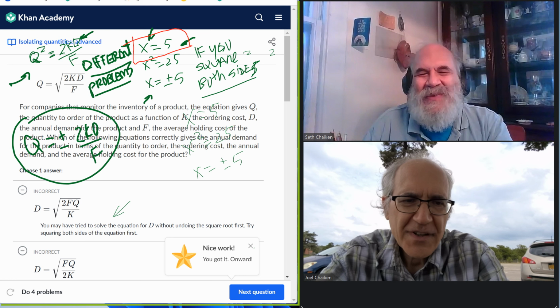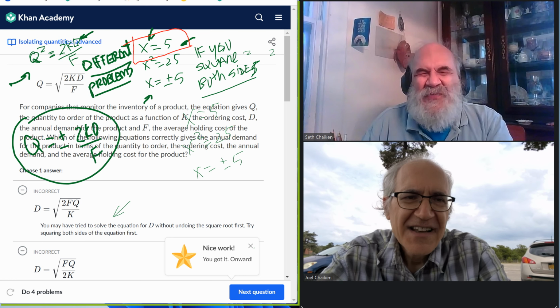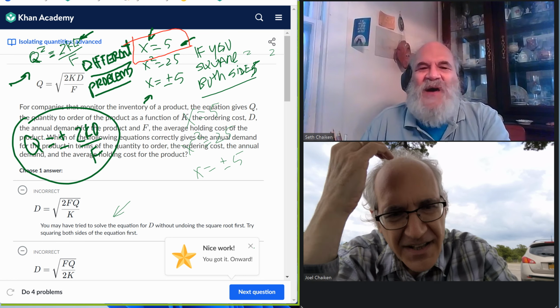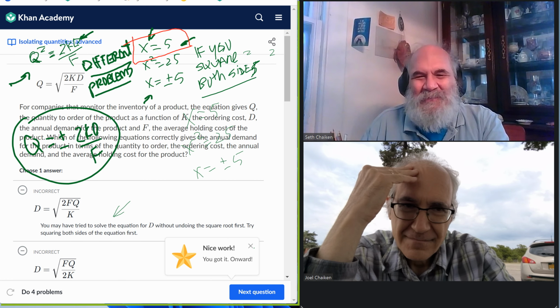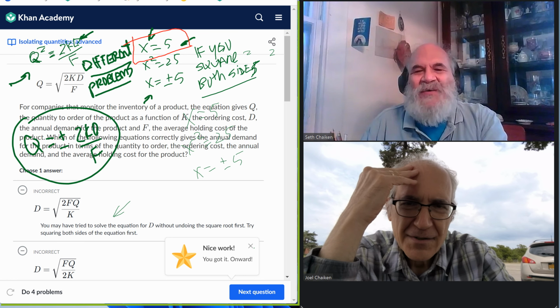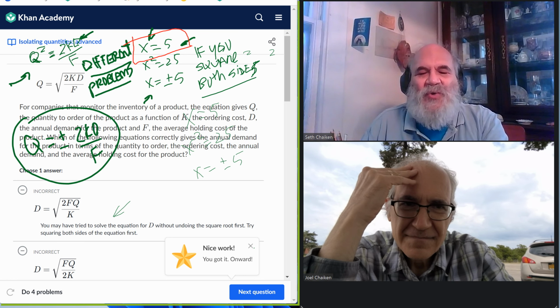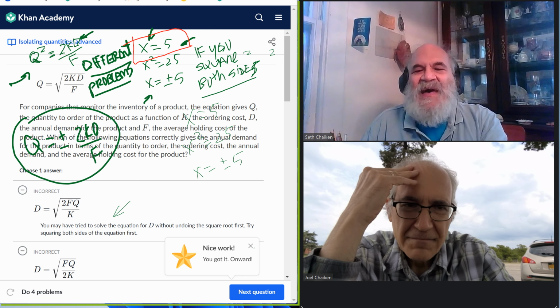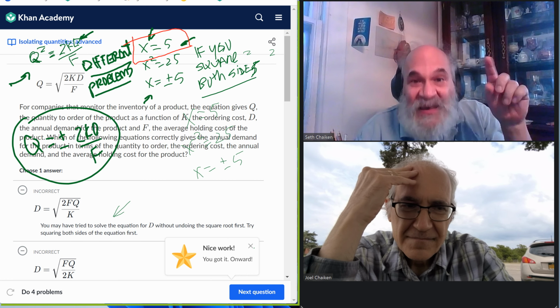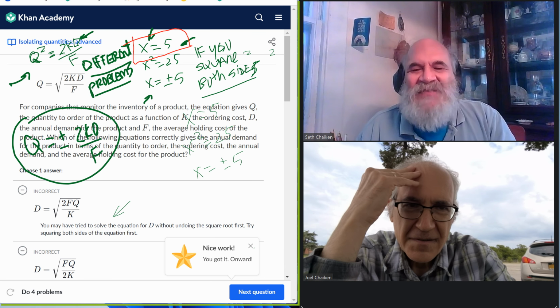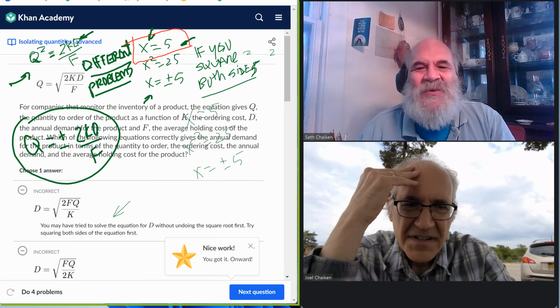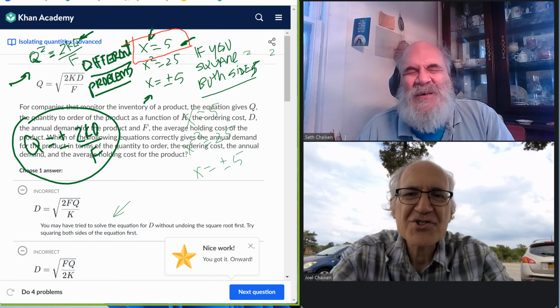The problem is find x where x equals 5. Squaring both sides will give you a different equation, and that new equation has extraneous solutions because it has a solution that is not a solution to the original equation.